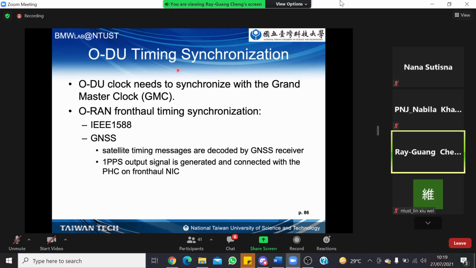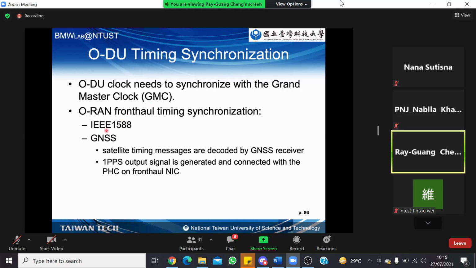Timing synchronization. We mentioned synchronization, so you need a grandmaster clock. All the ODUs need to synchronize with a central clock source, the GMC.